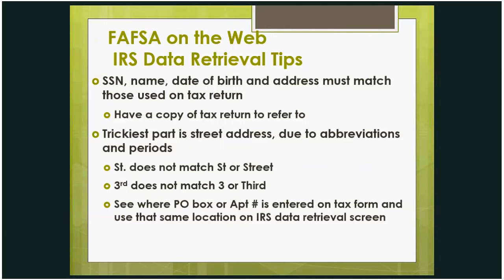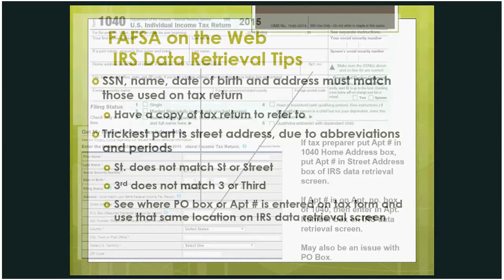I tried it the first year and it wouldn't work for me. I live on 3rd Street. You know, ST period doesn't match ST without a period, or street. Third doesn't match 3 or the word third. So you have to be really careful, have your tax form in front of you and type it in exactly.